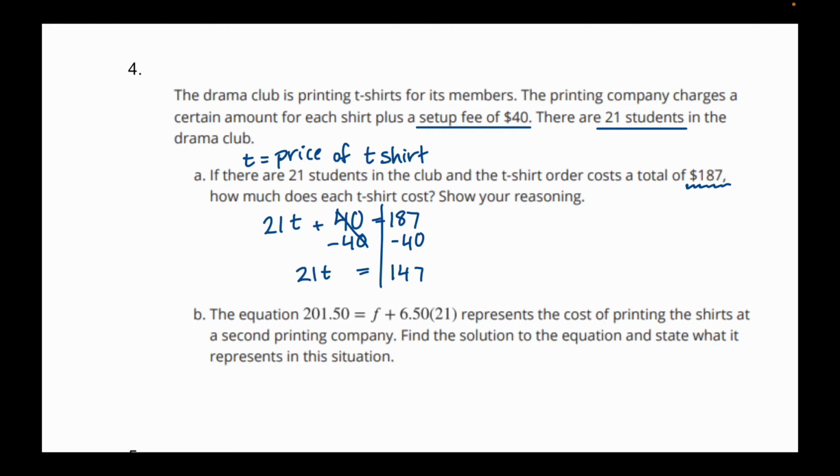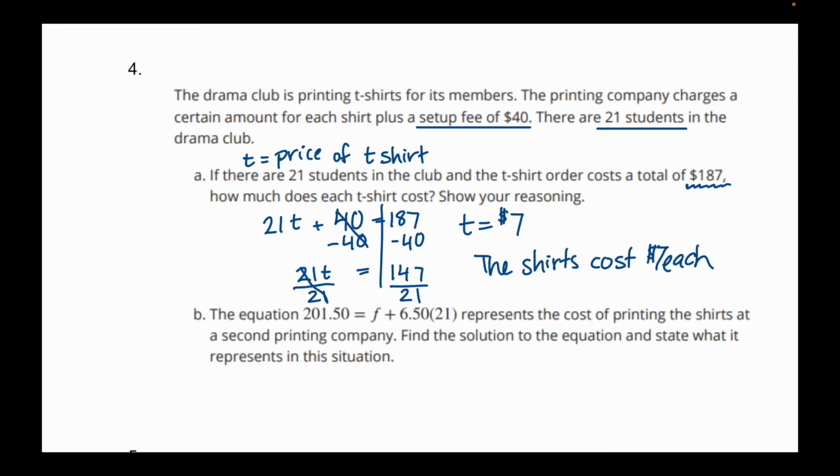And then when we divide both sides by 21, in order to get t by itself, that would leave us with t equals 7. So what that means is the shirts cost $7 each. Oops, $7 each. I just wrote a dollar sign.